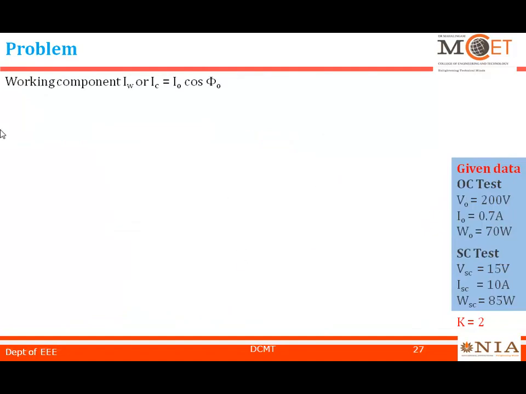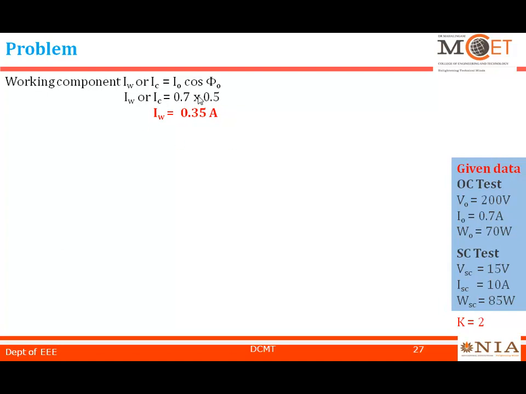From the given data, you are going to find the working component. For the equivalent circuit, as I told you, we need to find the value of IW, which is IC. IW is equal to I0 cos theta naught. I0 is equal to 0.7, and cos theta naught is equal to 0.5, which was found in the problem. Substituting the values, you get this current as 0.35 amperes.